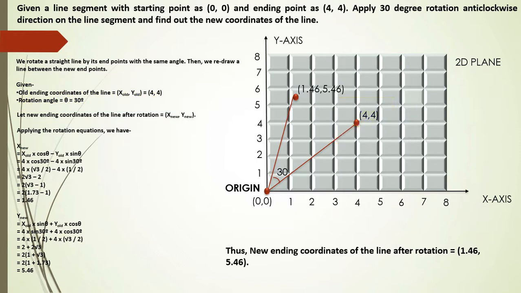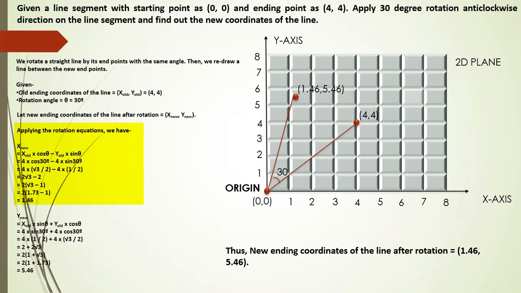And we have the rotation angle, theta, which is 30 degrees. Let the new ending points of the line after rotation be x new and y new. So apply the rotation equation. We will have x new equal to x old cos theta minus y old sin theta.